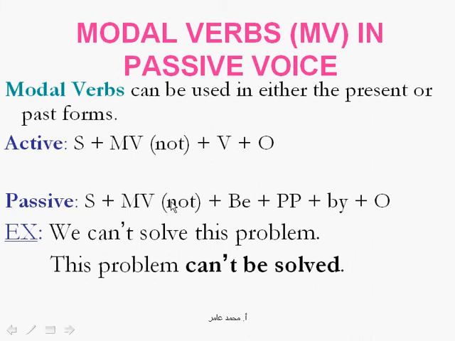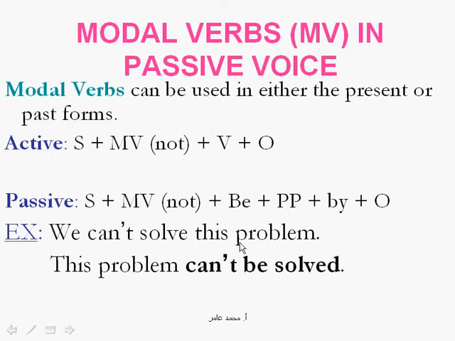Here we use be after the modal verb, whether it's affirmative or negative. We use the verb to be after the modal verb and then the past participle of the verb. For example, we can't solve this problem.